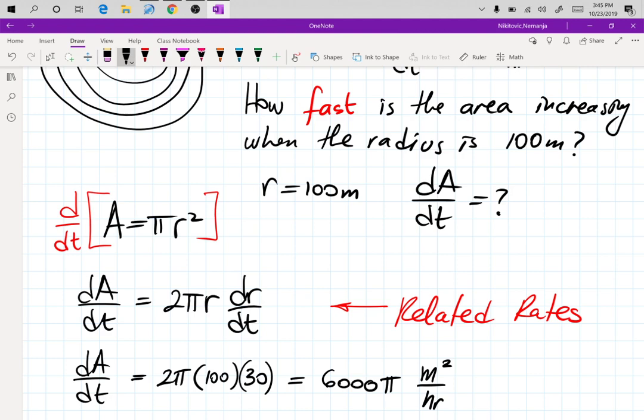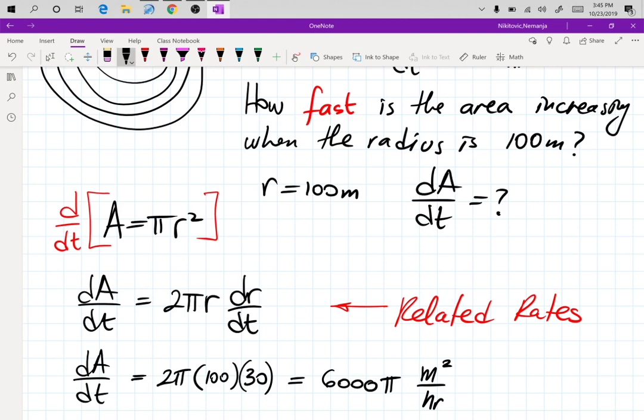Speed of the bottom plane. And then what is d now? I'm going to put these in red. What is d?